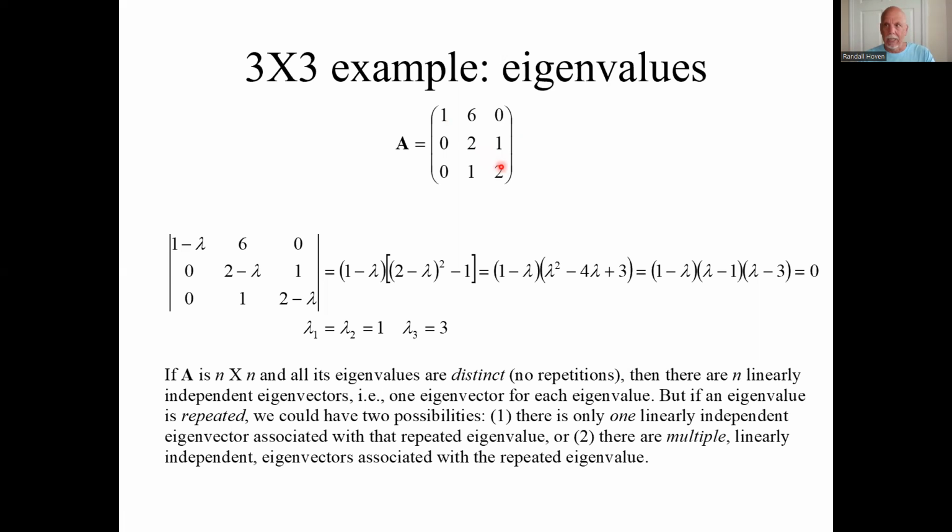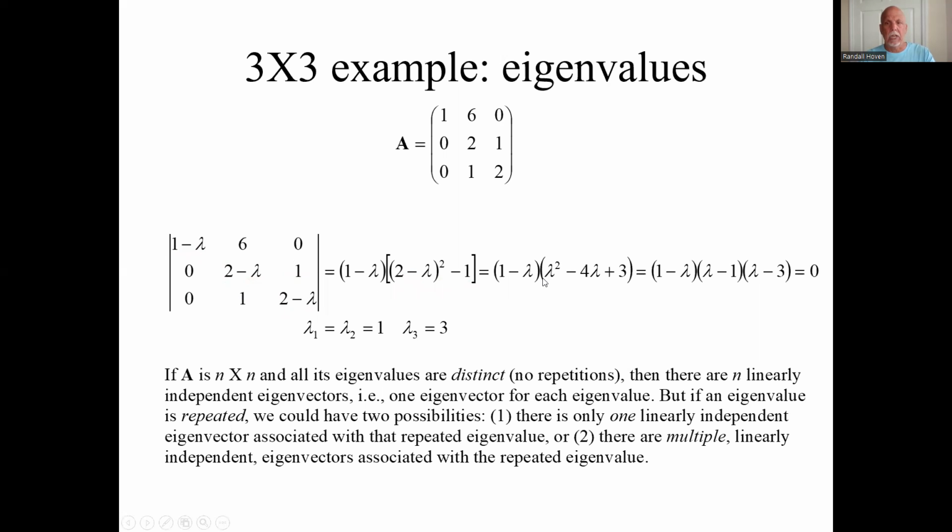We're going to subtract a lambda off each of the main diagonal terms, like here, and then find this guy's determinant. And it's a 3x3. At least in this case, this first column has 2 zeros in it, so we'll expand by the first column. And I'll just get a 1 minus lambda times the determinant of this lower right part, which will be 2 minus lambda squared minus 1, right?